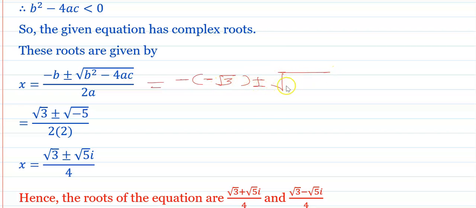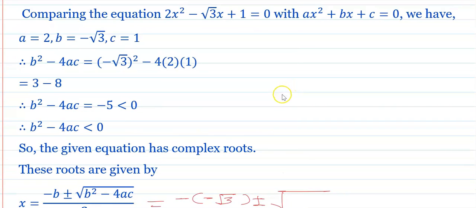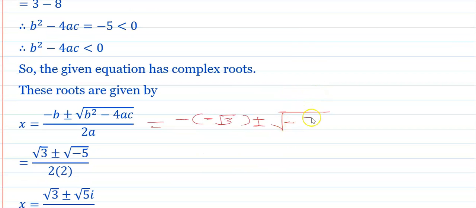What is the value of b square minus 4ac? The value of b square minus 4ac is minus 5, upon 2a, 2 into 2. And this minus and minus will become plus root 3. Root of minus 5 means what? 5 into minus 1.